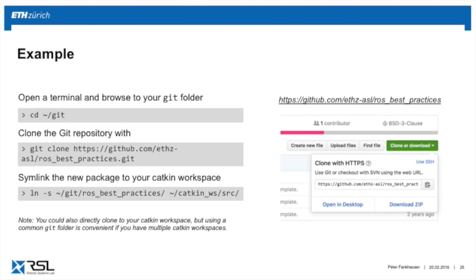We put up there an example ROS package for you to play around with. Once you're on this website, there's a green button which says Clone or download. Copy this URL here.